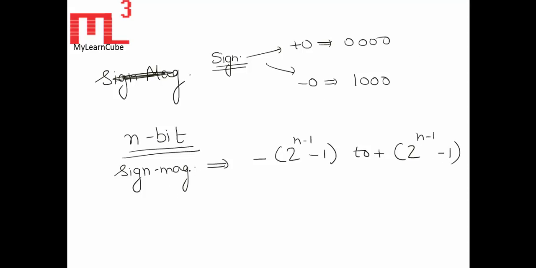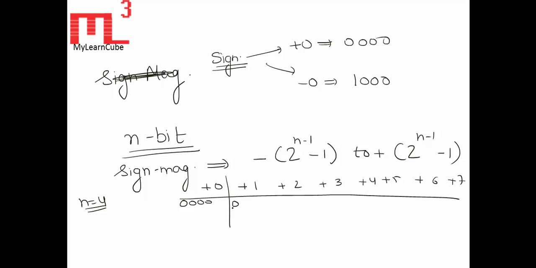Simply you can see from this. I can explain it with an example. Suppose n is equal to 4. What all can you represent? Plus 0, plus 1, plus 2, plus 3, plus 4, plus 5, plus 6, plus 7. How? 0 0 0 0, where the first 0 represents the sign bit, 0 0 0 1, 0 0 1 0, 0 0 1 1, up to 7, which will be represented as 0 1 1 1.